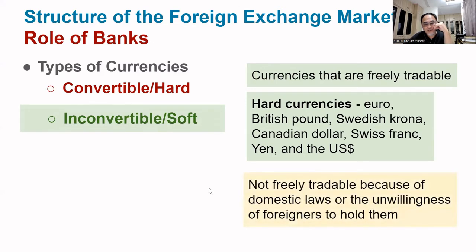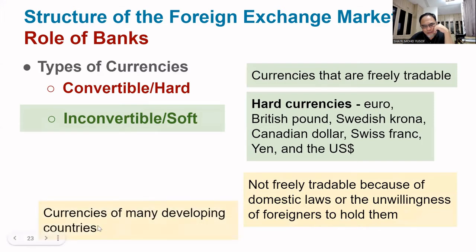Inconvertible currencies are not freely tradable because of domestic laws or unwillingness of foreigners to hold them, or even because of sanctions, because of global boycott and so on.